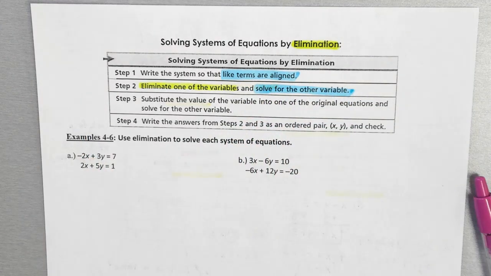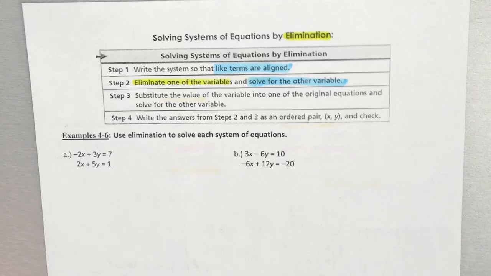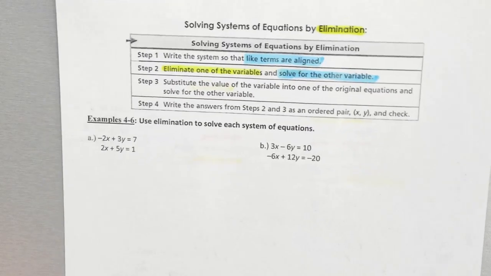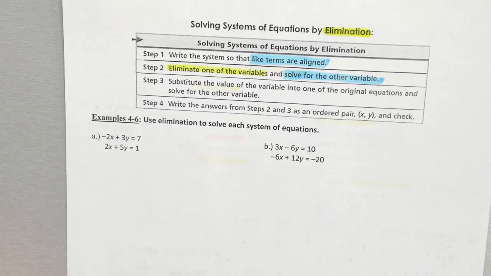Do you guys remember what you do to eliminate? When do things cancel out? When you have what? Yep, when they're opposite. If they were on each side of the equation, they would be equal on both sides.